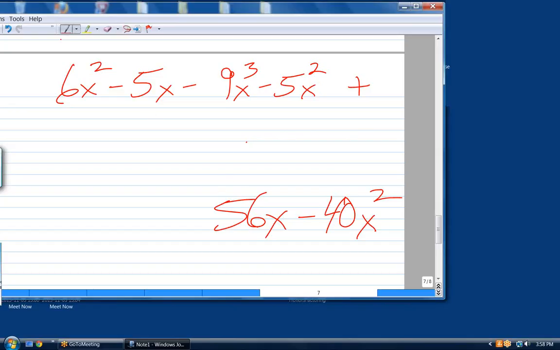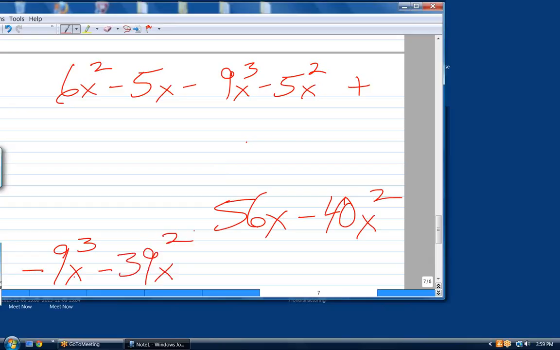So now what's our highest degree polynomial? Minus 9x cubed. And I only see one of those. So we'll put that starting. How many x squareds do we have? We have 3. What are they total? Negative 41x squared. Got 6 minus 5, which leaves 1. Oh, so negative 39x squared.